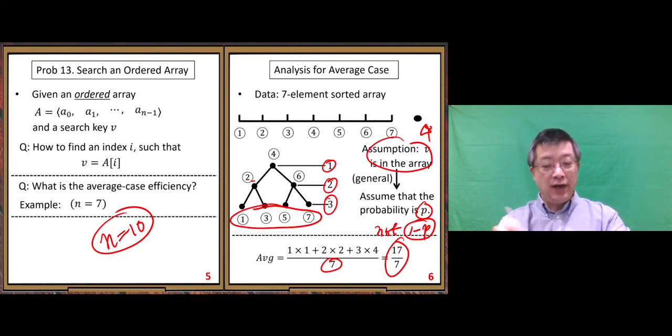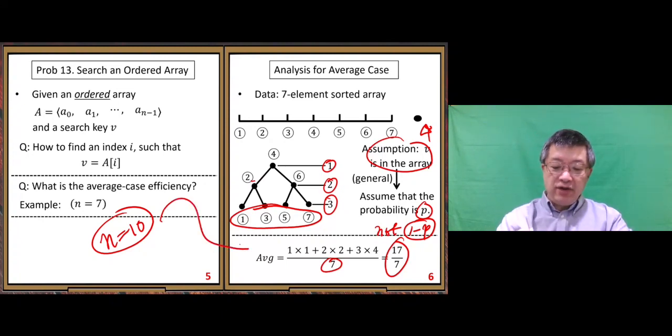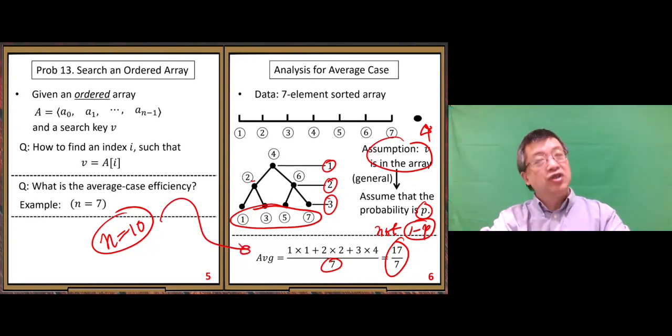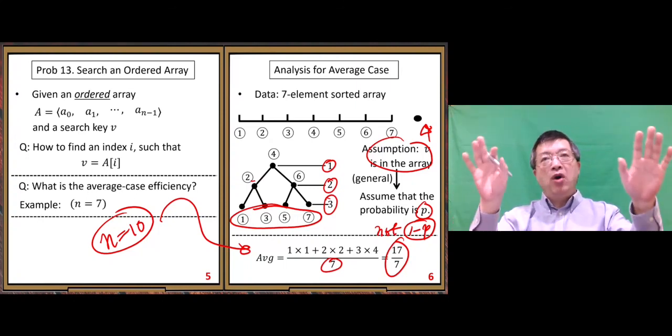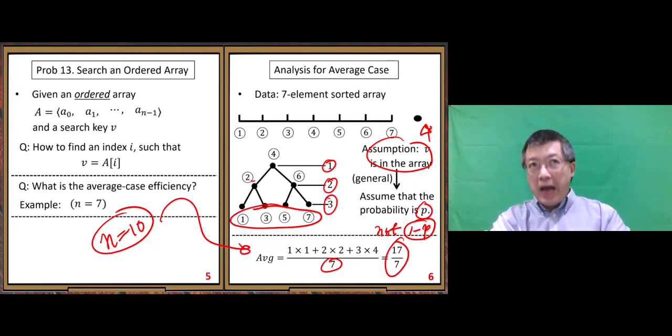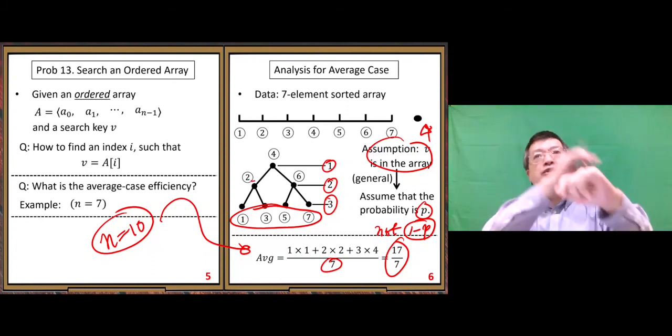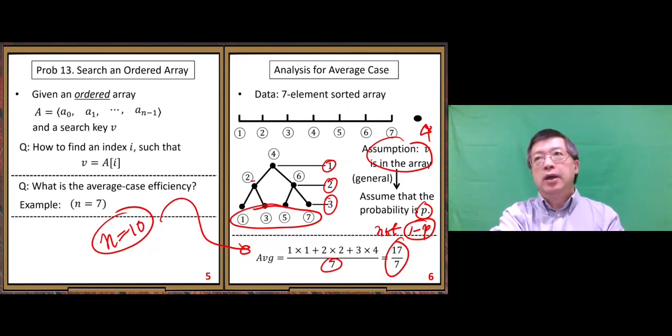You can draw it, right? Can you find the average case efficiency? All right, so now I finish part B.2, and we finish the binary search topic. Next video, we will start the fake coin problem.